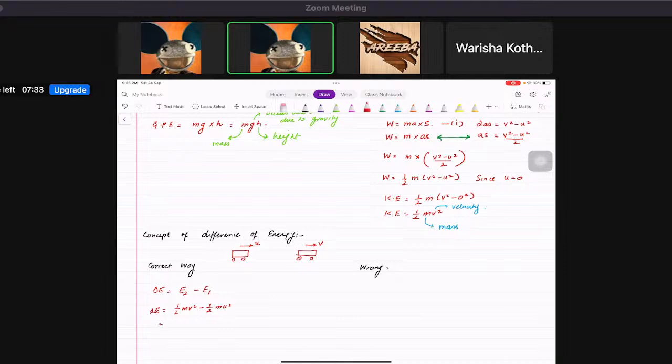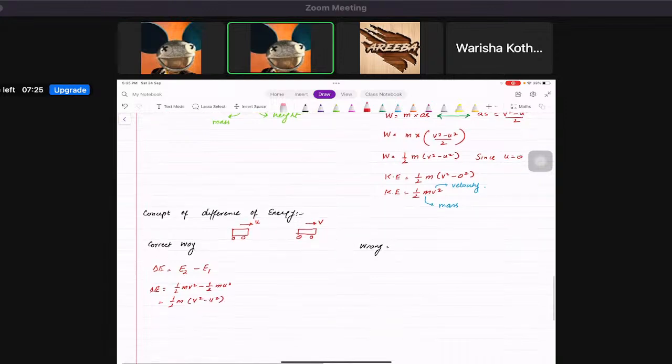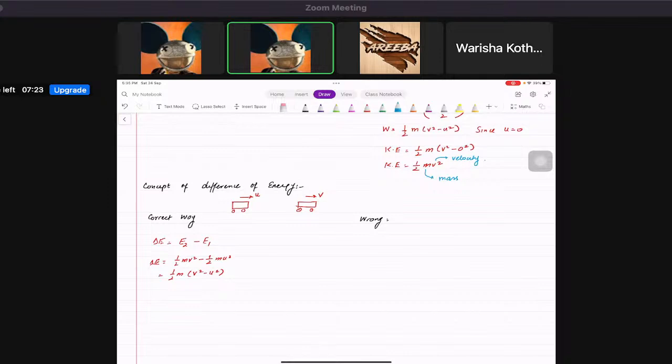If I take half m common, you'll get v square minus u square, which represents a mathematical function of a square minus b square. Is it clear, everybody? And if you remember, this function was a minus b times a plus b.